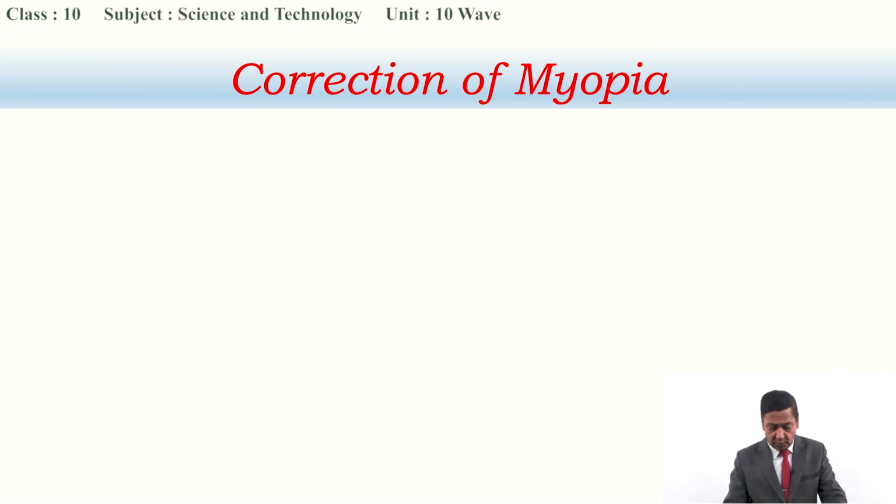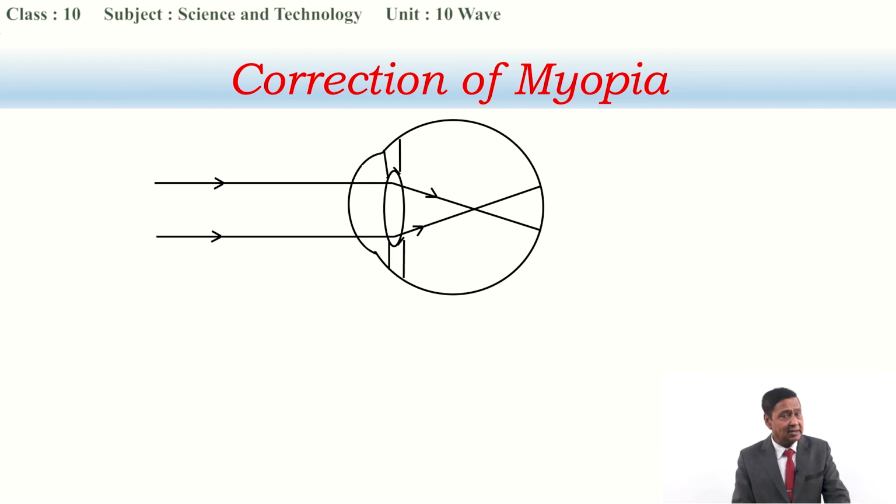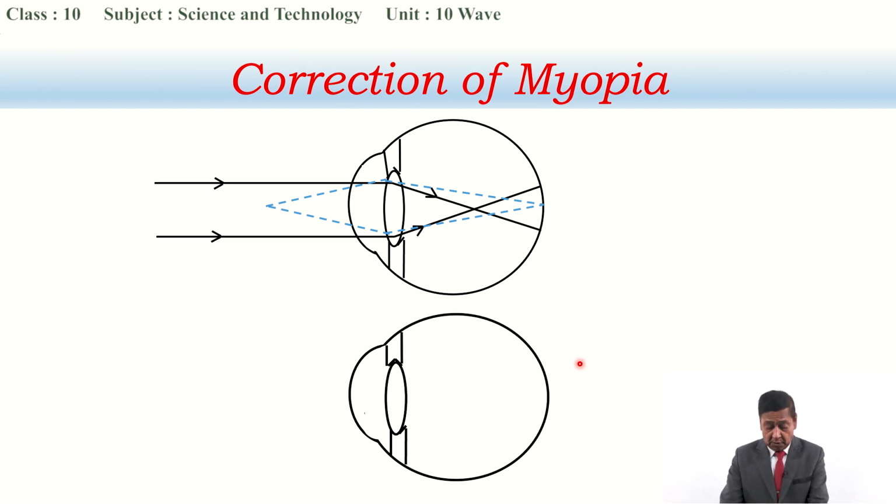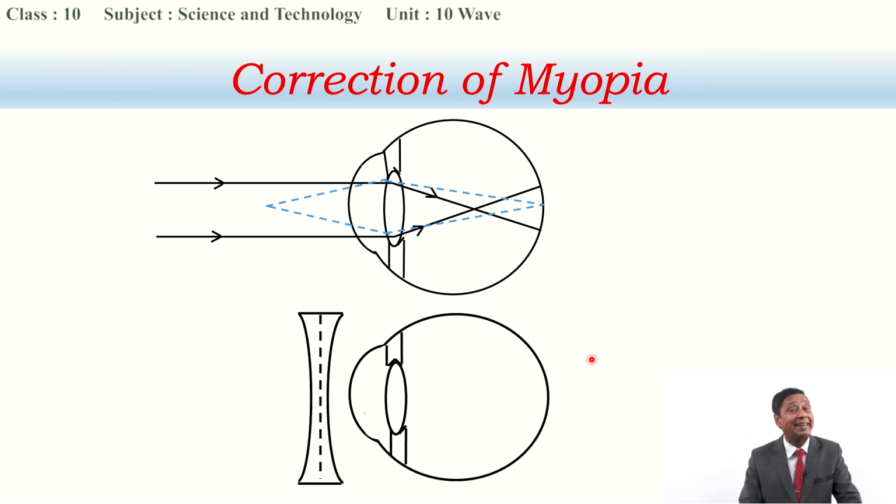Okay, look at this. Correction of myopia. What I told in the previous class, this is myopia. In case of myopia, distant objects are focused in front of the retina, but near objects can be seen clearly. Near objects are focused on the retina. This is the eye defect. And to solve this problem, we can use a concave lens.